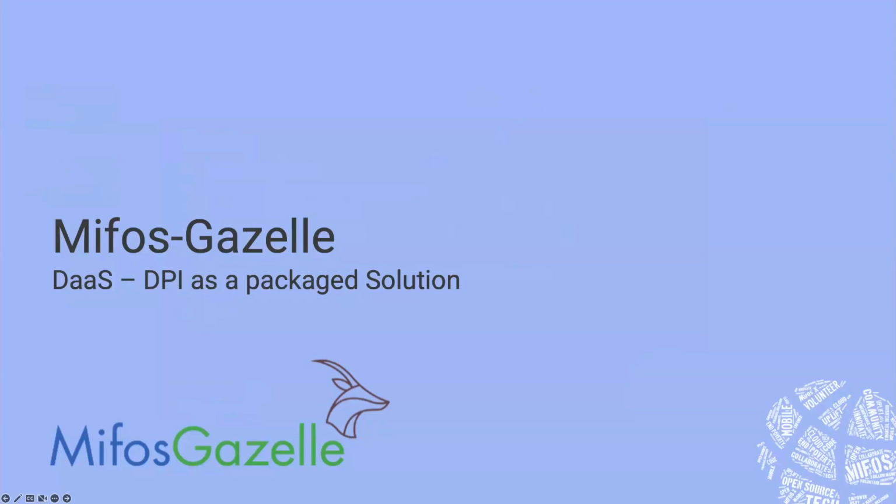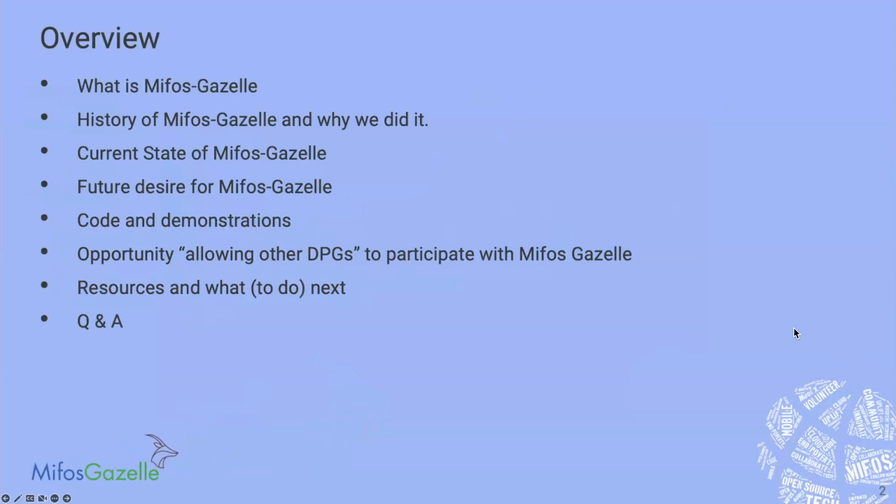So where are we headed? Essentially, I'll give you an overview of what Mifos Gazelle is. If you're here, you might know already what it is, so we won't labour it too much. I've stolen most of David's slides here, or am reusing them. Some of this is a little bit of history, and the meat is going to be around where we are, which is the current state of Mifos Gazelle, and what we're planning.